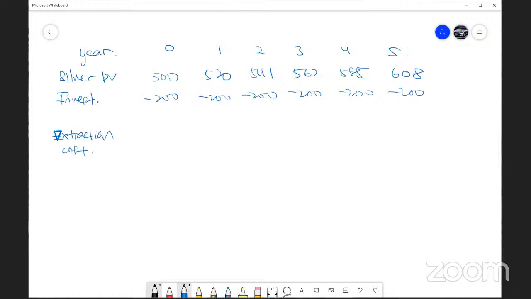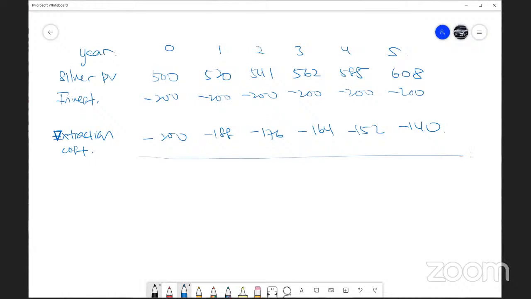Extraction cost on the first year is 200, but every year onwards is a 12 million discount. So 188, 176, 164, 152, and 140.